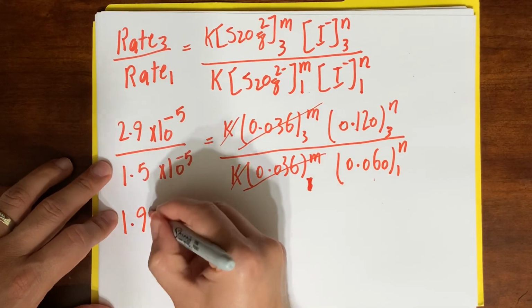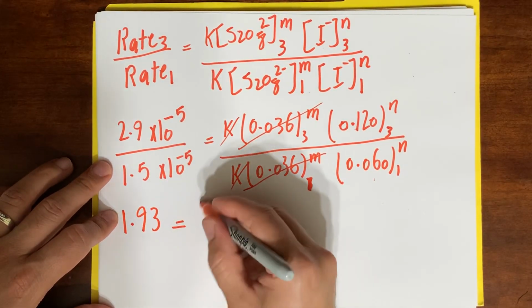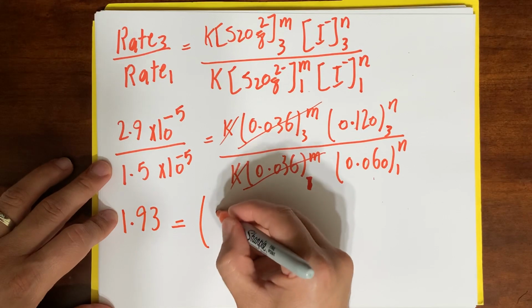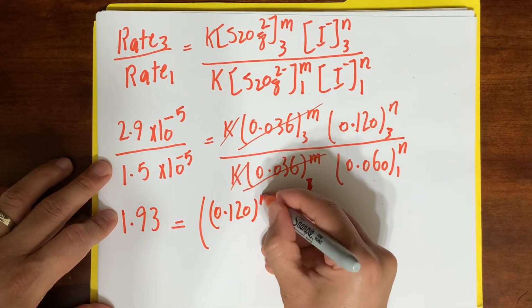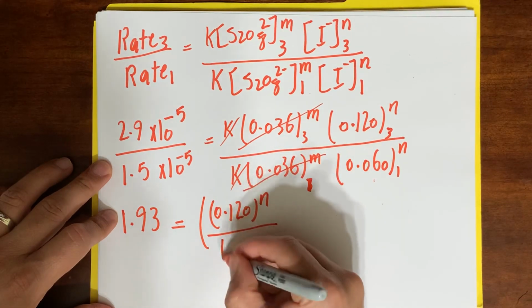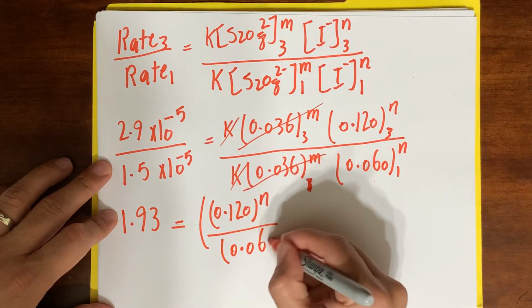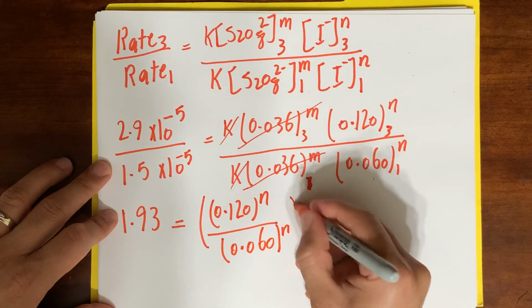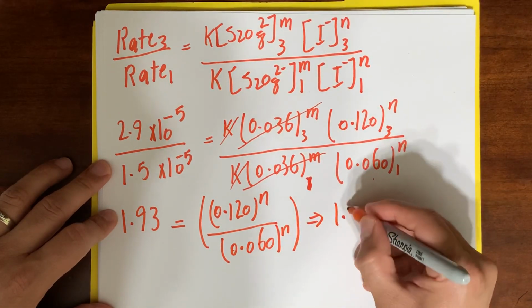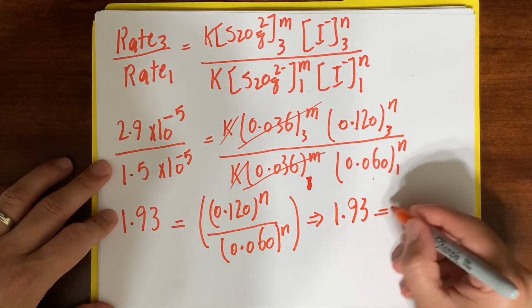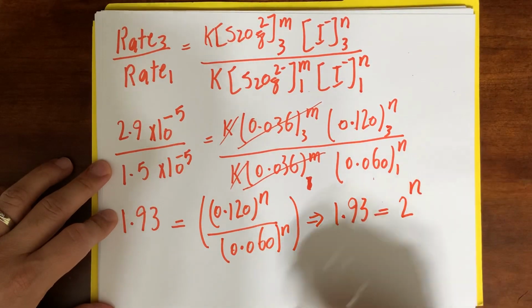So 1.93 is going to be equal to 0.120 to the power of n divided by 0.060 to the power of n. Again, you can rewrite it: 1.93 is going to be equal to 2 to the power of n.